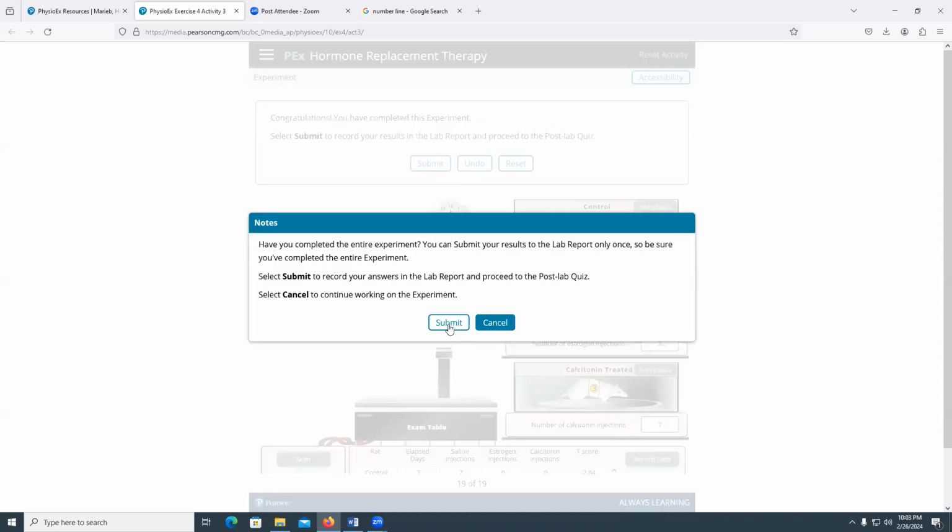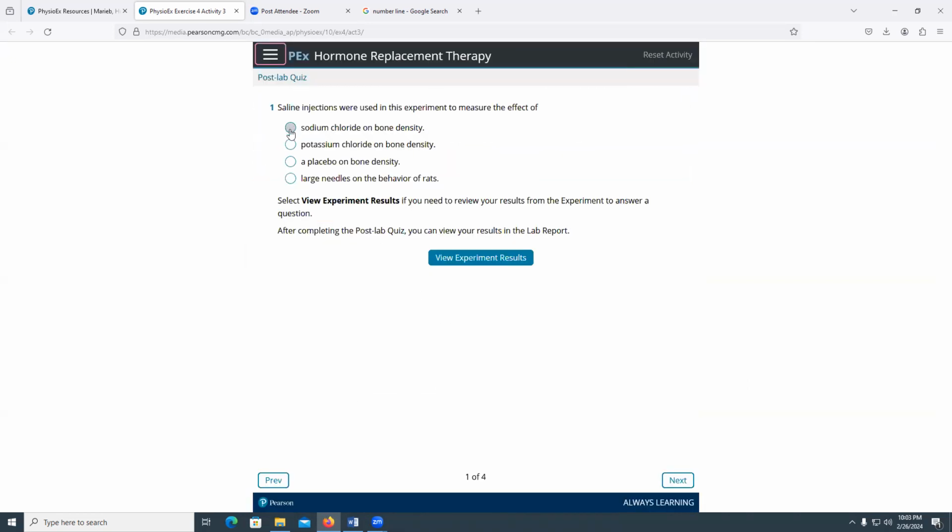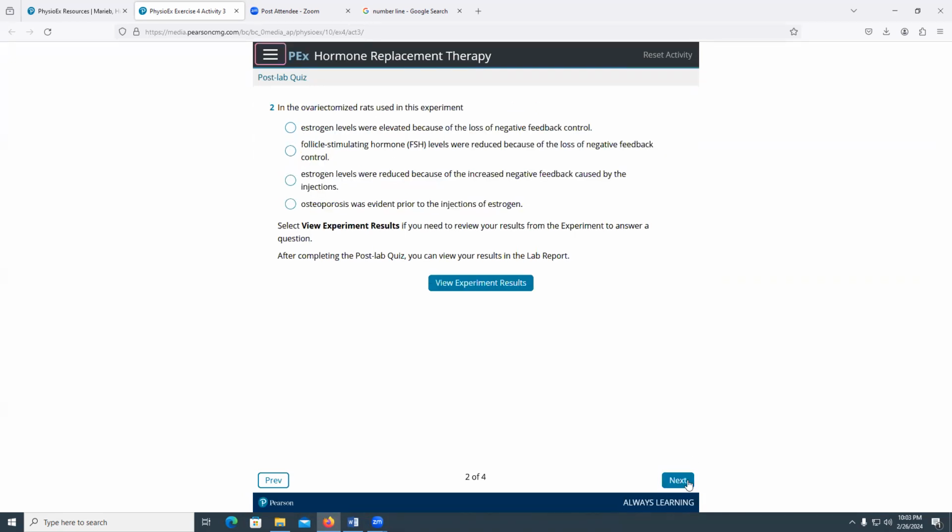So now let's complete. Okay, saline injections were used in this experiment to measure the effects of placebo. Yes, it's a placebo.